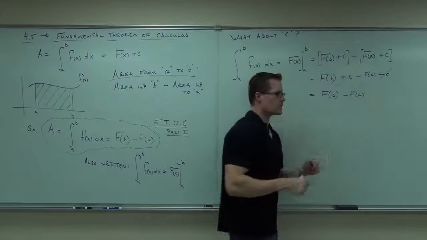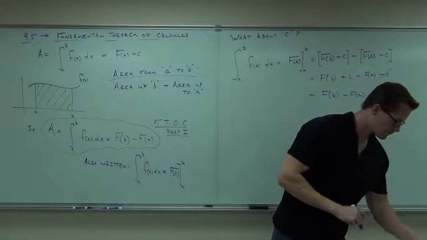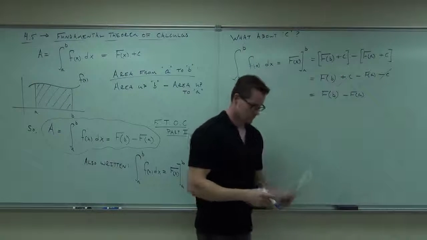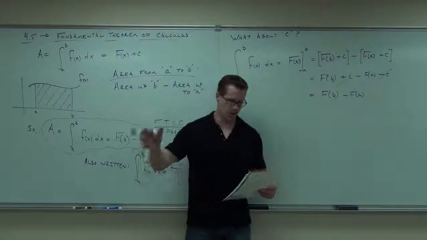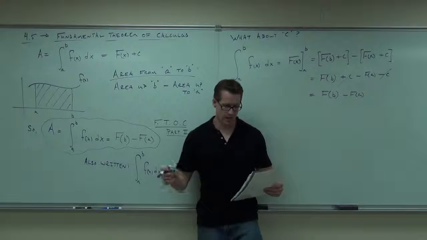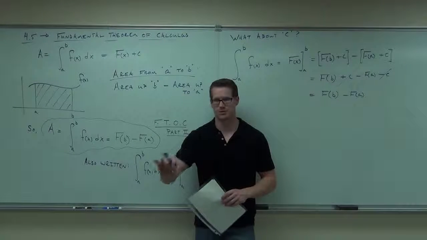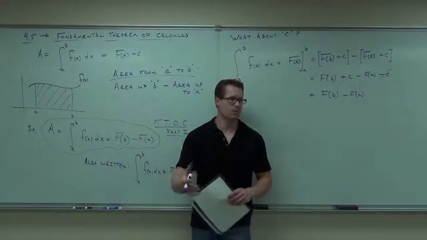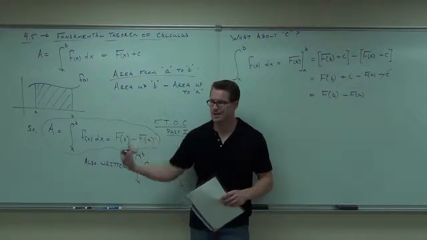And that's how we get what we get. So the C drops out, so we don't write it for our definite integrals. Indefinite, absolutely. But definite, we should end with a number, an area, because this thing is an area.